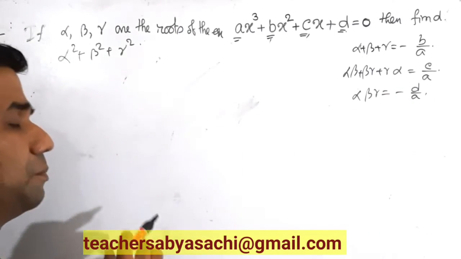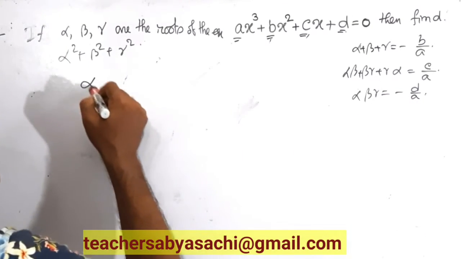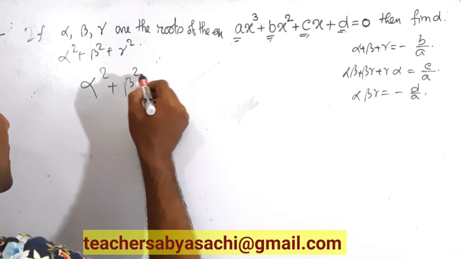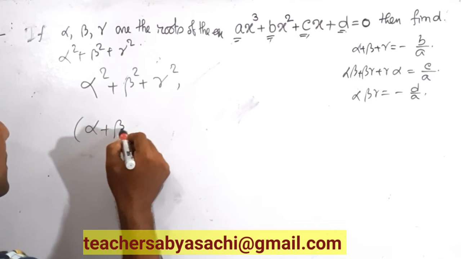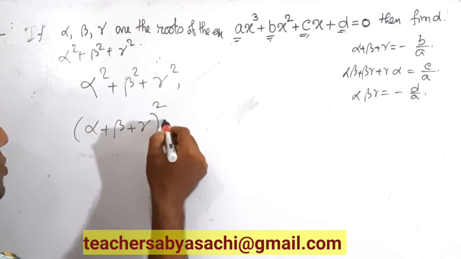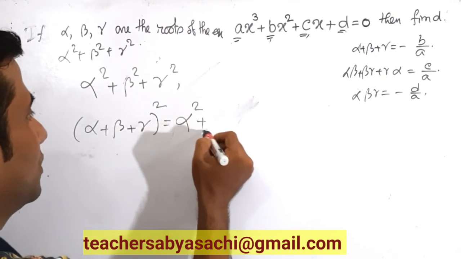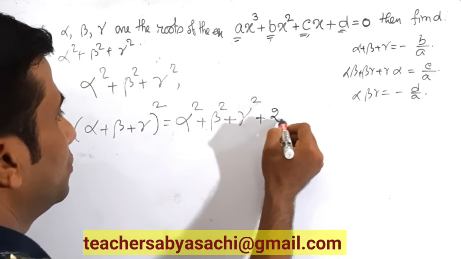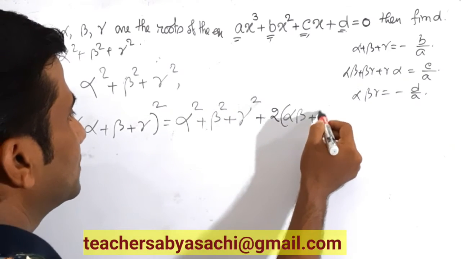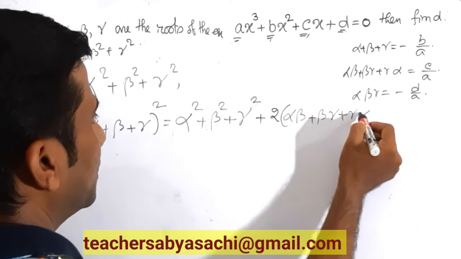Now we know that alpha plus beta plus gamma its whole square is equal to alpha square plus beta square plus gamma square plus 2 into alpha beta plus beta gamma plus gamma alpha.